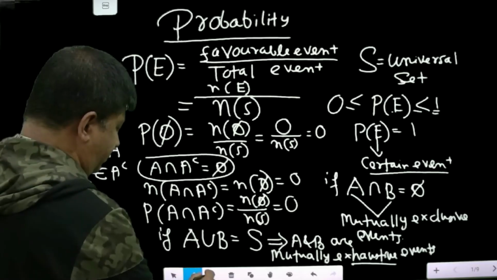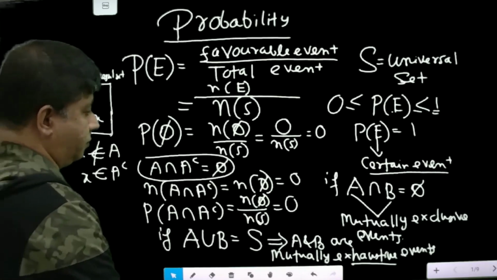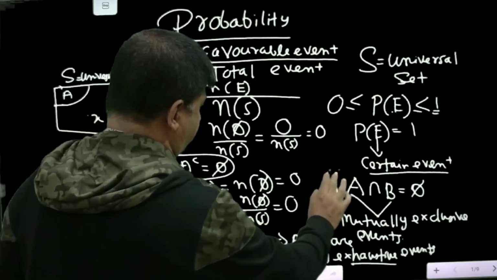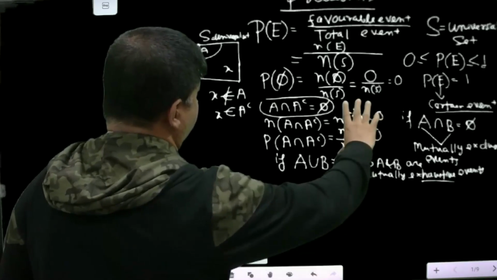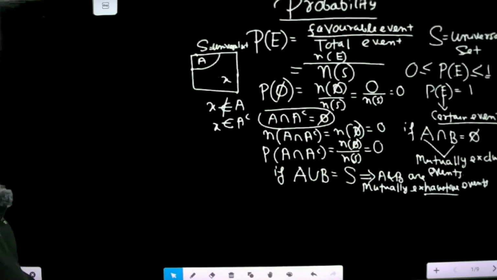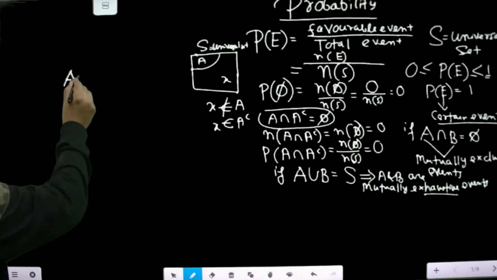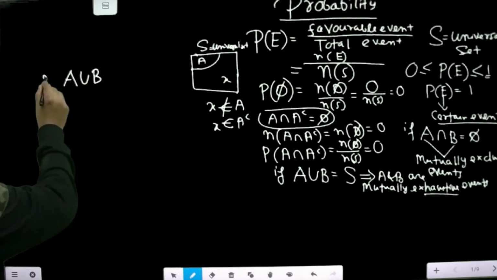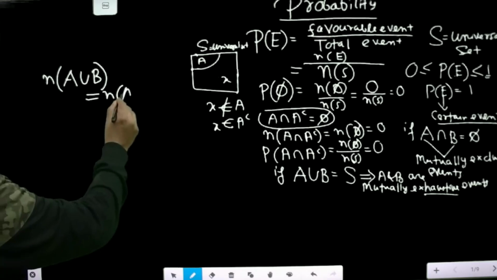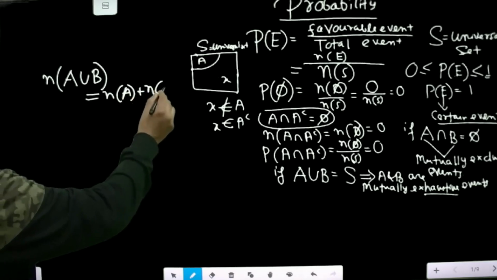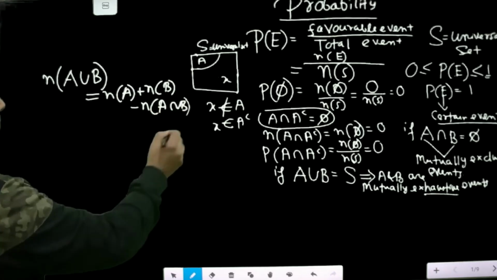Now, this part we are taught. In class 11, you are taught n(A union B) in set theory: n(A) plus n(B) minus n(A intersection B).